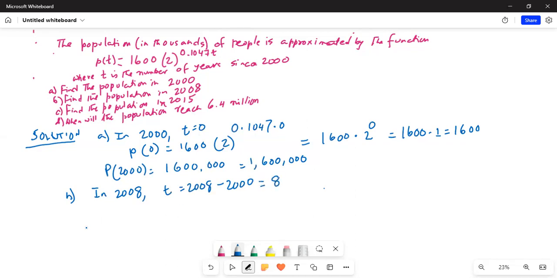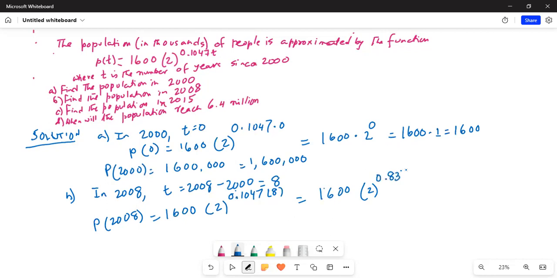So the population in 2008 is 1600 multiplied by 2 to the exponent 0.1047 times 8, which is 0.8376.